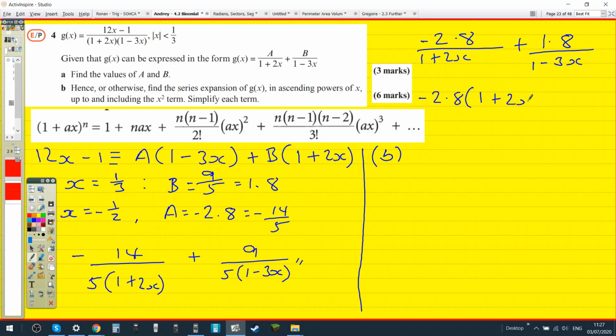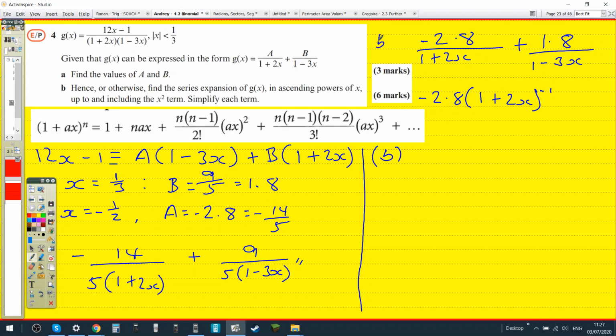Mm-hmm. And then I now need to put it into the formula, don't I? Mm-hmm.